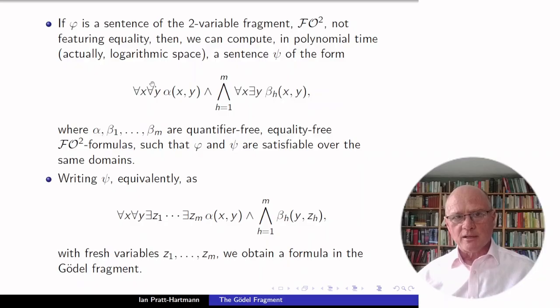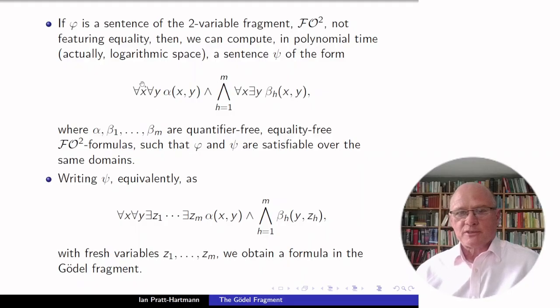And if you manipulate the quantifiers very slightly, you have to rename these variables, as I did on the previous slide, more or less, you can write the formula in this form. So we have for all x, for all y, there exists z1 up to there exists zm, and I've just substituted the zh's for the y in here. It turns out that this second formula is logically equivalent to the first formula, and every formula in the two-variable fragment can be transformed into an equisatisfiable formula of this form.